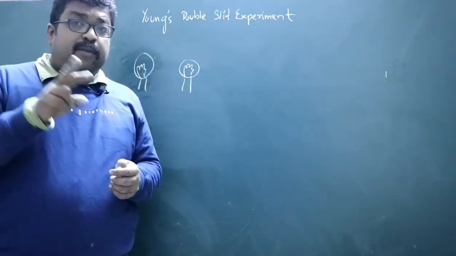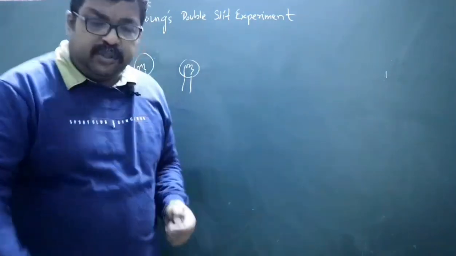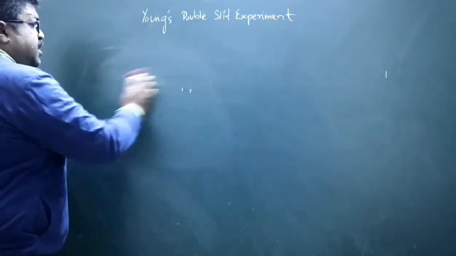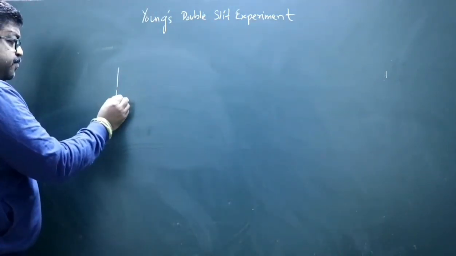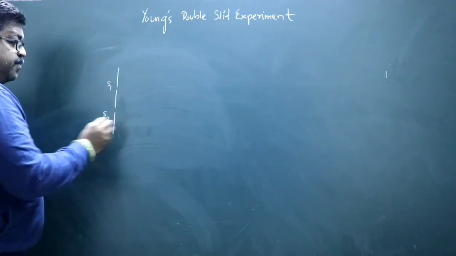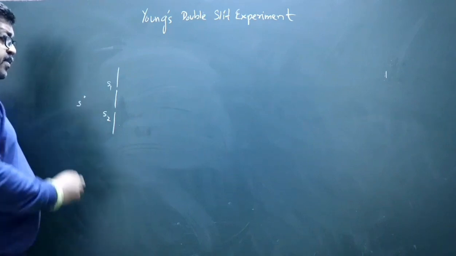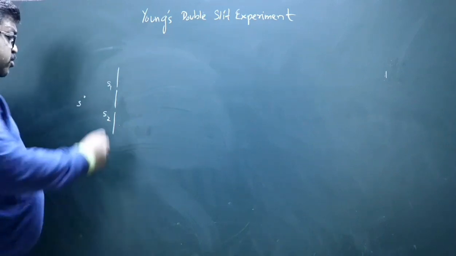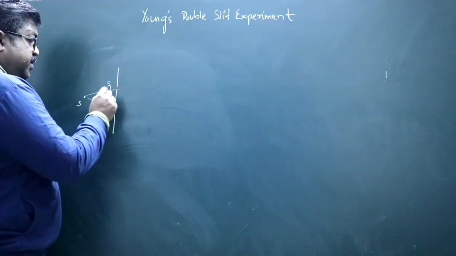But the requirement for interference is that you need to have two sources. So how will you satisfy that condition? Suppose you have two slits, S1 and S2, and this is source S. Light comes out from this source.